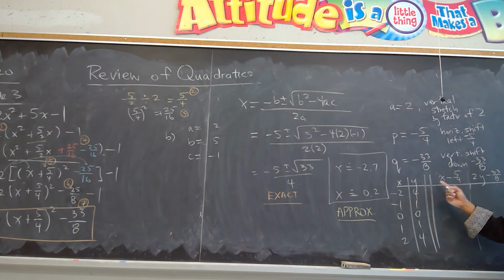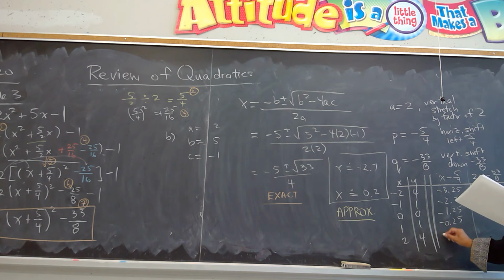What I'm doing is negative 2 when it's x, and I'm subtracting 5/4, right? So what we're getting is negative 3.25, and these are the answers: negative 2.25, negative 1.25, negative 0.25, and the last one is 0.75, I believe.